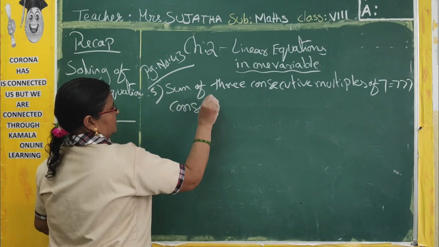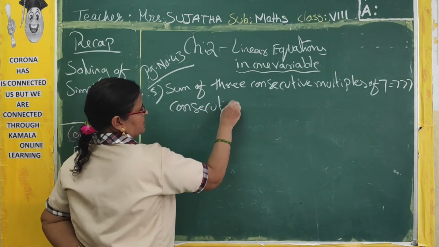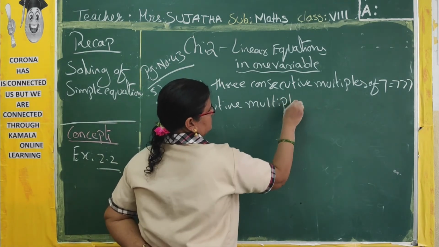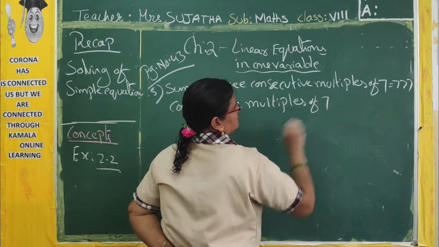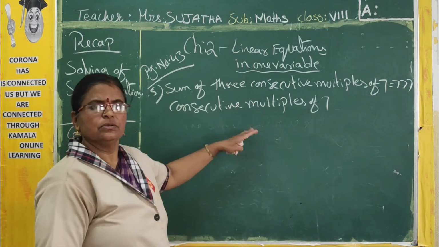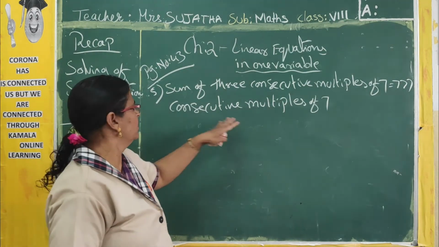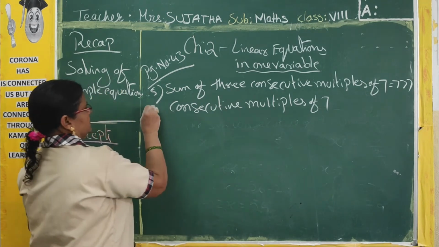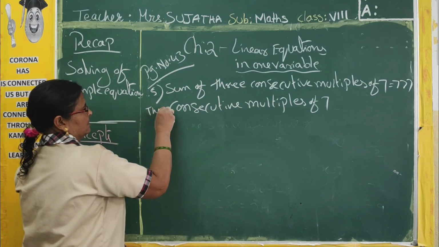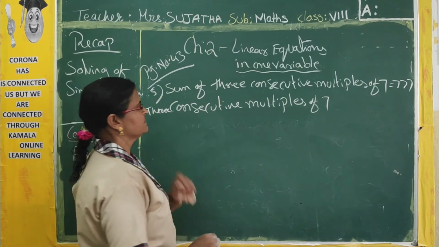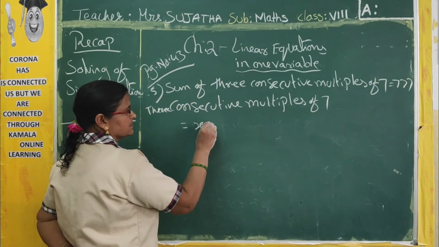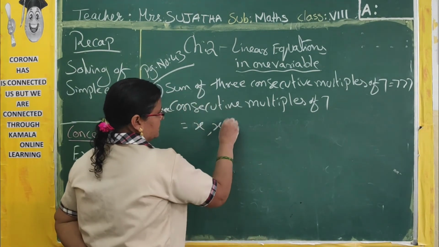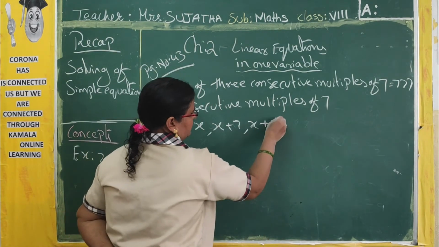So we have to use the hint they gave and write down. Three consecutive multiples of 7 are x, x plus 7, and x plus 14.